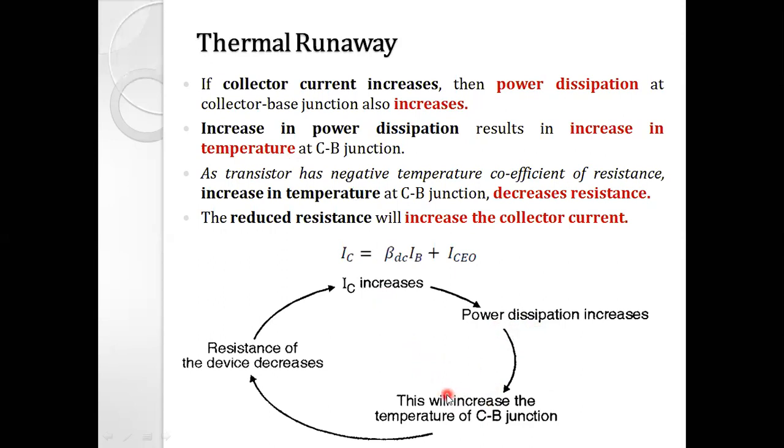What happens if the temperature at the collector base junction increases? A transistor has the negative temperature coefficient of resistance. What does it mean? It means that increase in the temperature at collector base junction decreases the resistance, right?